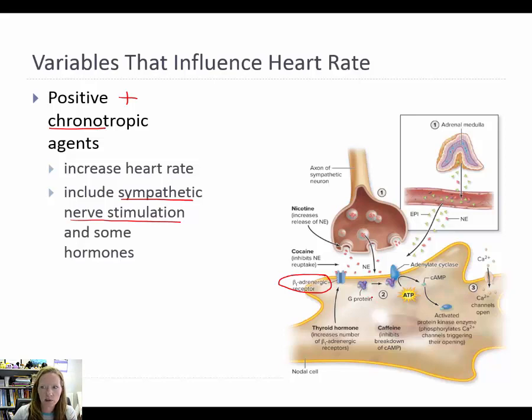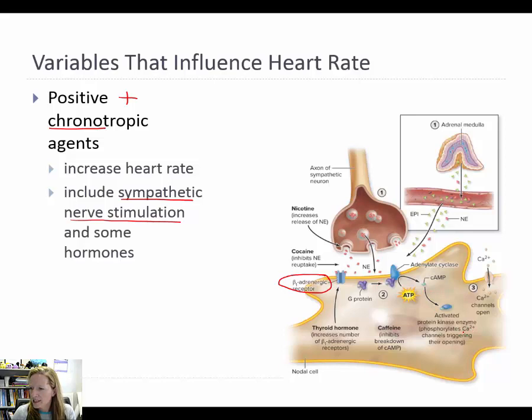Look at the G protein, look at the cAMP. You don't have to worry about the second messenger technicalities. What you need to know is that when the neurotransmitter binds to this beta-1 receptor, it sets off this whole second messenger system, and eventually this is what happens.